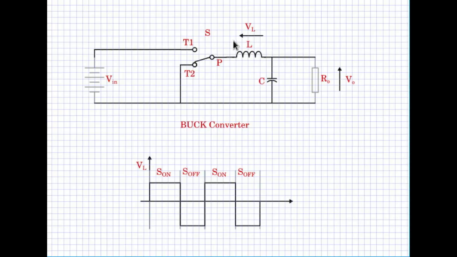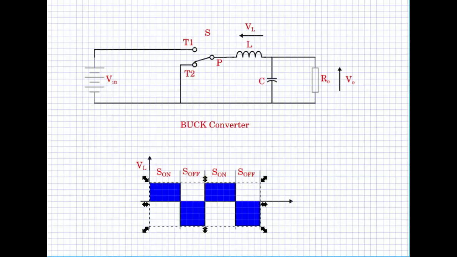What is very important here to note is that under steady state conditions, the area under the inductor voltage curve on the positive side and area under the curve on the negative side should exactly match. Let us give it some color.